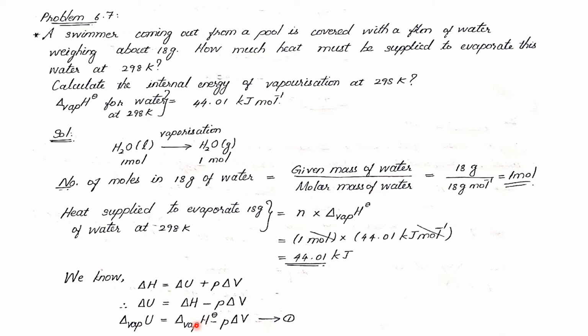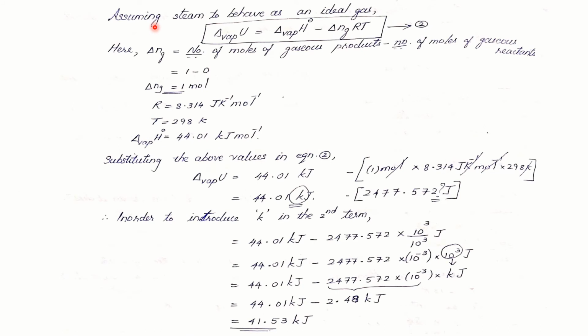Okay, but note that in the equation corresponding to the phase change, we have water in the gaseous state on the product side. That is water vapor, or in other words, steam. So this equation is not suitable for calculating the internal energy of vaporization since we have a product in the gaseous state. Therefore, let us assume water vapor or steam to behave as an ideal gas and use this equation for calculating the internal energy of vaporization.